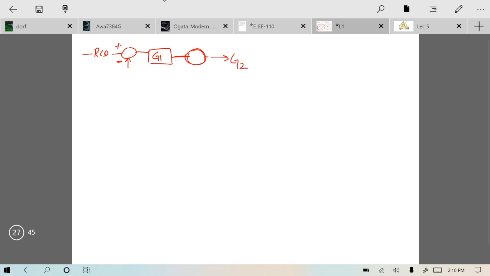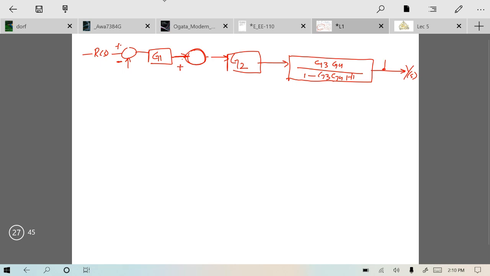We have G2 over here. This is plus, and then we have this feedback loop that we have just reduced, which would be G3 G4 divided by 1 minus G3 G4 into H1, and that is Y of S.